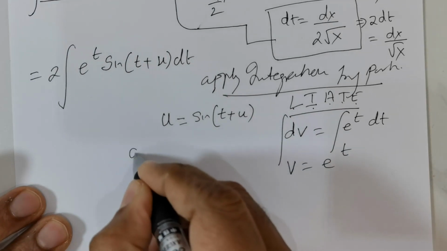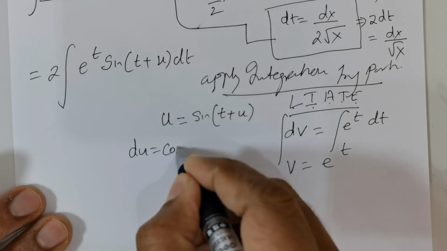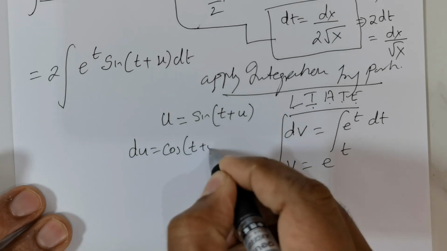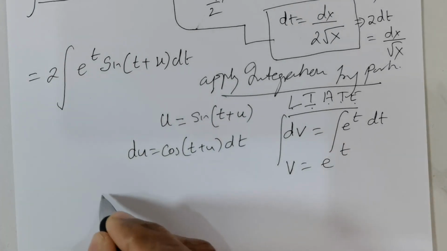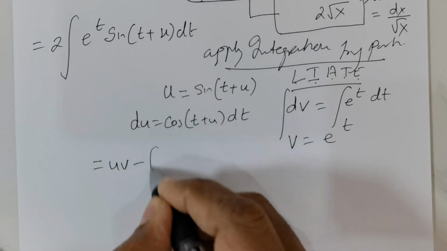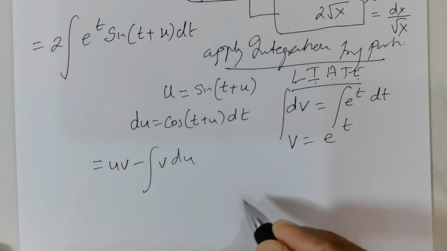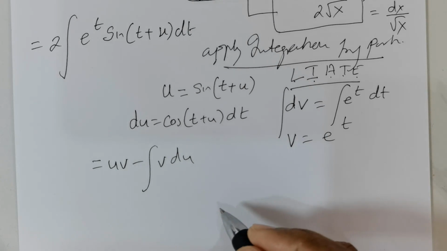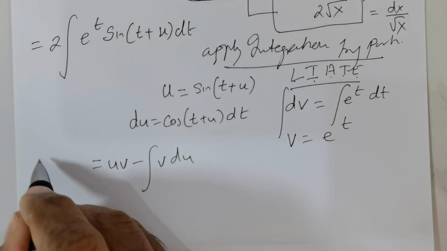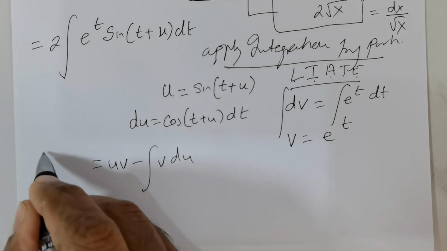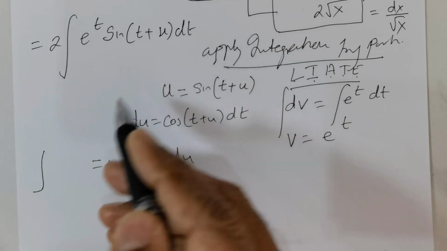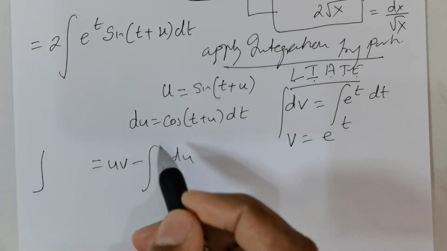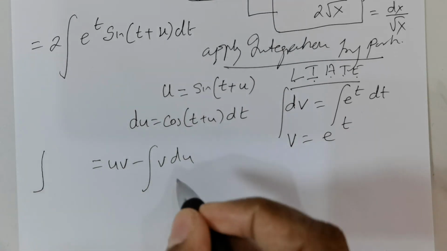Fair enough. You differentiate this, you get du is equal to cos of (t plus u) times differential of t, that's dt. So the formula is uv minus integral v du. This is what you have got. Now on the left hand side you have integral u dv, right?